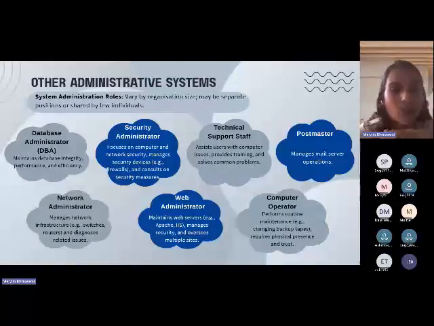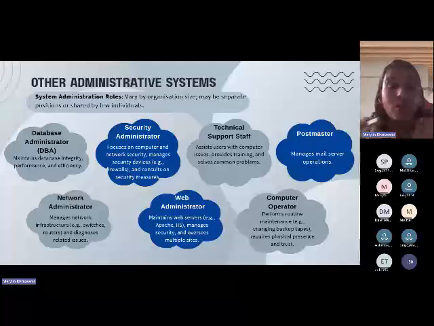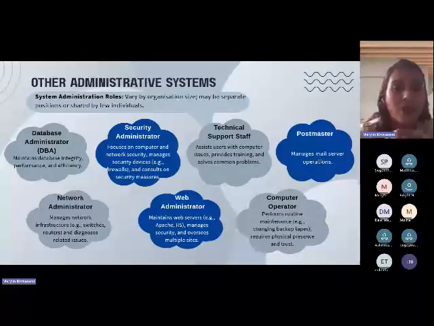They also work physically in the server room to ensure that systems run smoothly. So this person is also in charge of the servers within that organization. A computer operator might replace failed hard drives, and that also is to prevent any data loss. So ultimately, their role is to protect the integrity of the organization's data in that server room, because that server room houses everything pertaining to that organization. So you can see that's quite an important role.